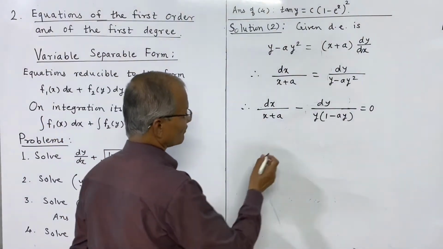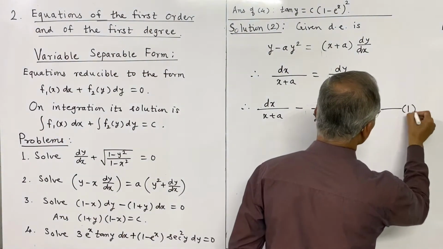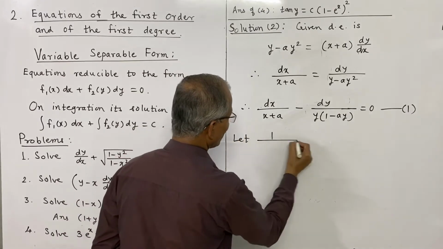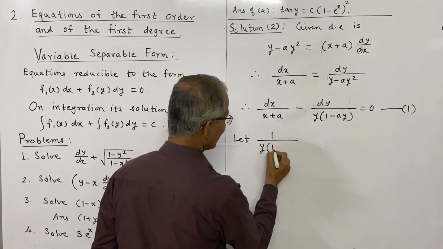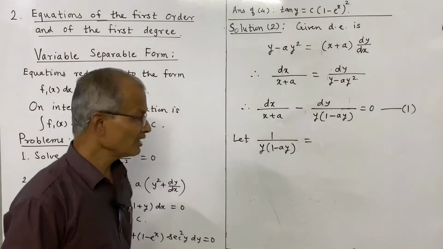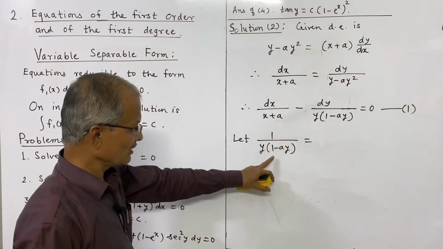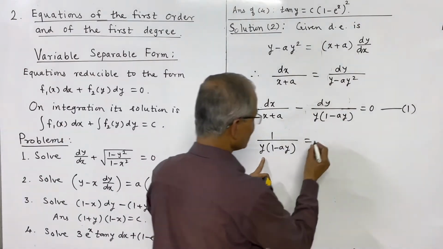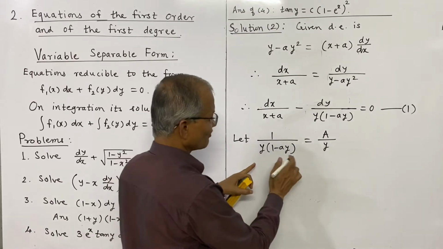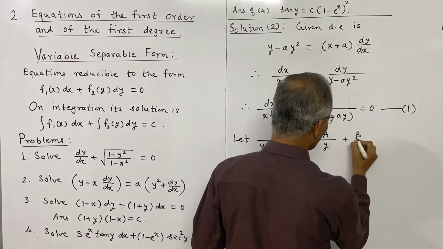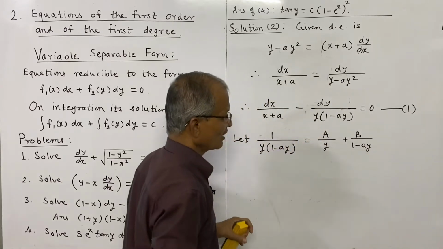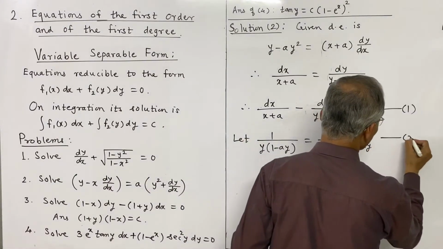So we shall suppose this as 1. Let 1 upon y into 1 minus ay be equal to partial fractions, and we know these are linear and distinct factors, so there will be two partial fractions, a divided by y plus b divided by 1 minus ay, and we suppose this as the second equation.